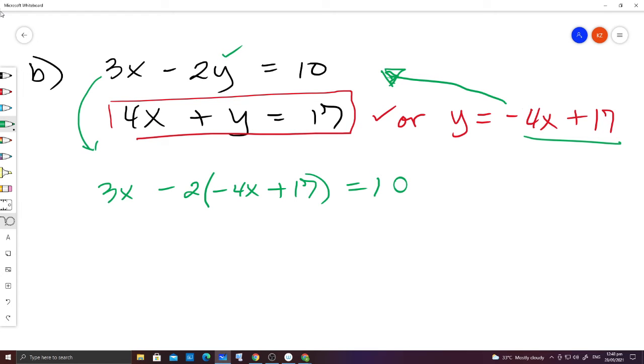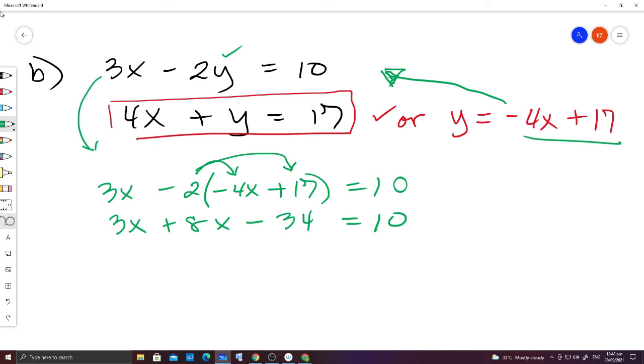Okay. So 3x, negative 2 times negative 4x, positive 8x. Then negative 2 times 17, negative 34, equals 10. Thank you.